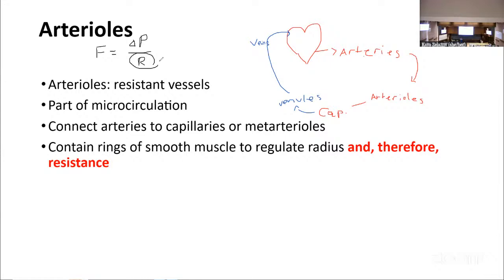It's going to be able to lower our resistance as arterioles get wider, right, as they dilate, right? So we talked about vasoconstriction and vasodilation last time. So vasoconstriction, constricting down the arterioles, raising resistance, vasodilation, dilating, widening the arterioles, lowering resistance.